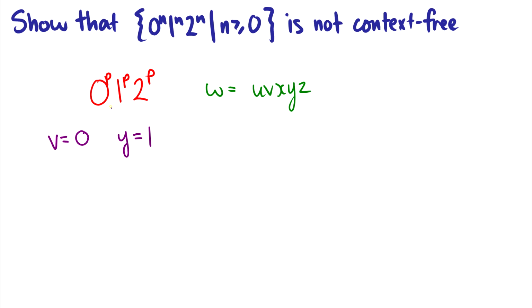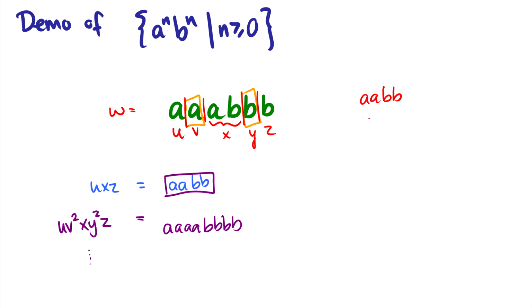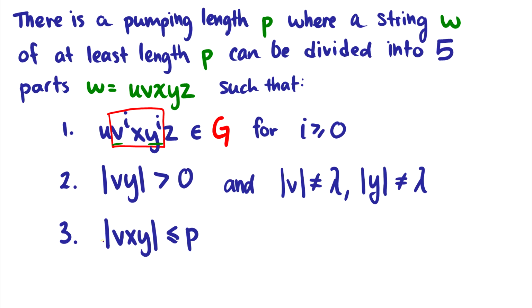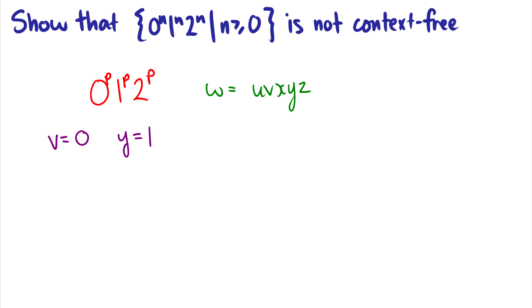We're just taking some v that starts somewhere in the middle of the 0s and ends somewhere in the middle of the 1s. Because if you remember our earlier condition, v, x, and y have to be less than or equal to p. So we clearly can't cover all of 0, 1, and 2.